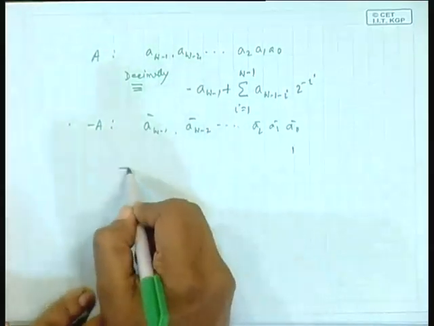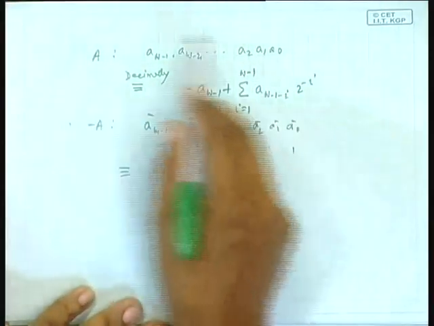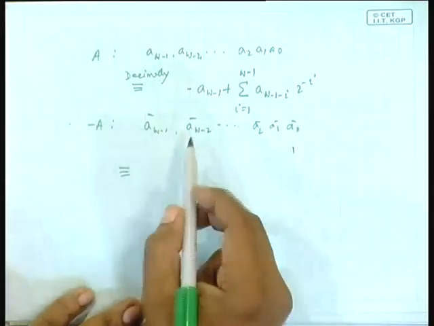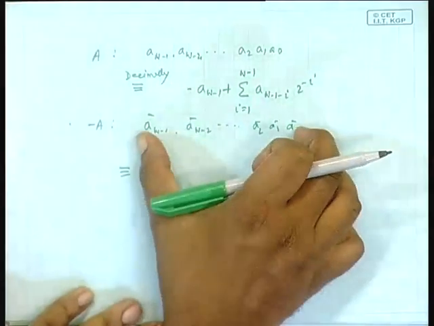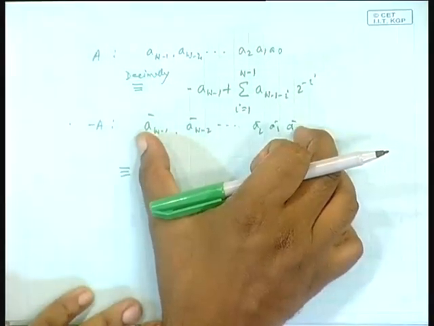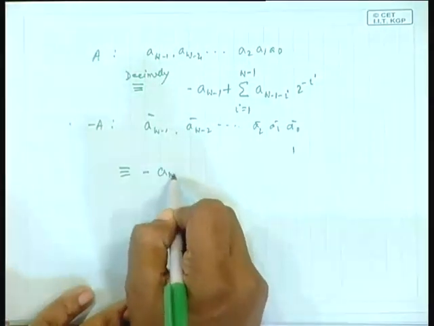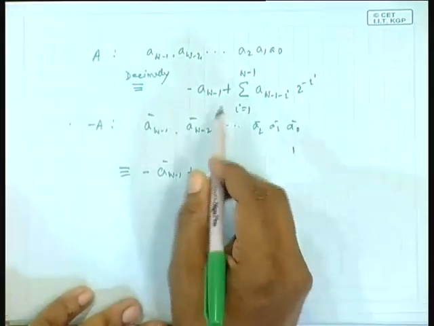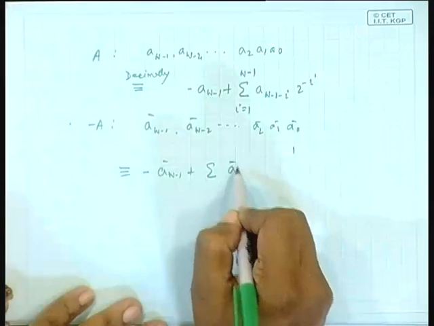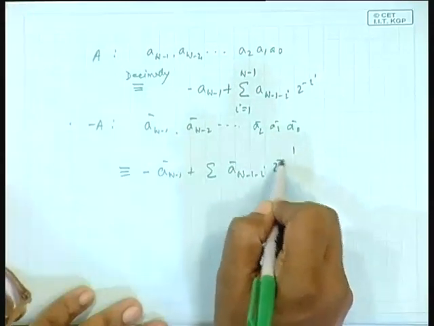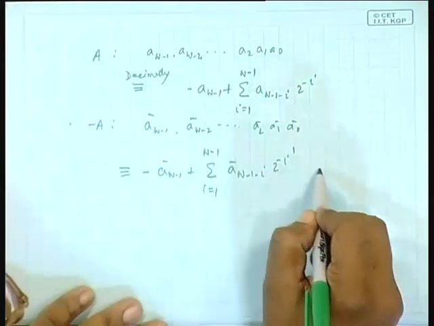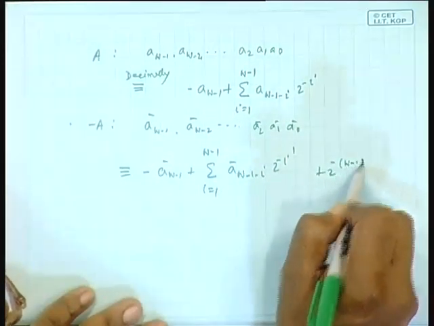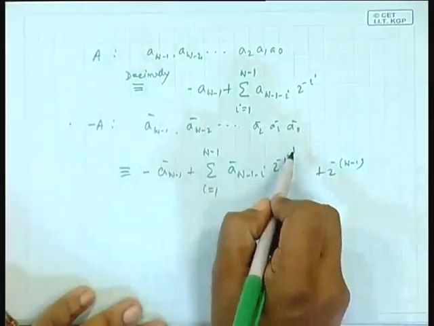That is, if A is this, minus A will be: minus this part plus this number, and then 1, that is 2 to the power minus w minus 1, this binary 1.